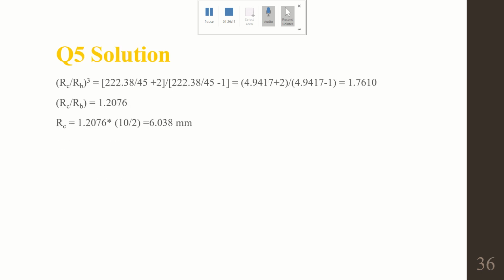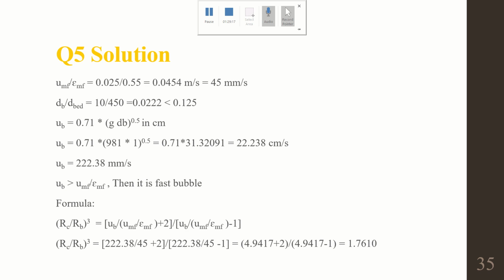So yeah, I hope this is clear. Just analyze this particular problem for a minute, because all the formulas are given in this slide. If you have any doubts, you ask, or else we'll go to next problem shortly.